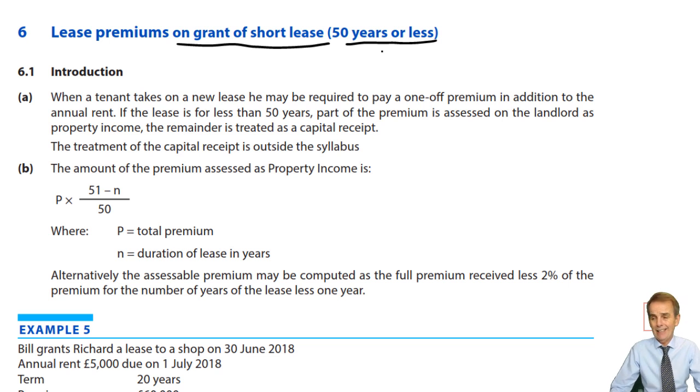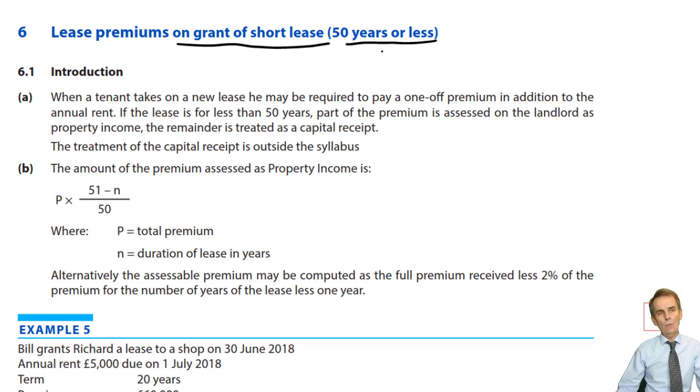Now that CGT bit is not, thankfully, within our syllabus. It doesn't even await you at your advanced taxation paper. It's not a part of our syllabus. All we have to deal with is the income component.